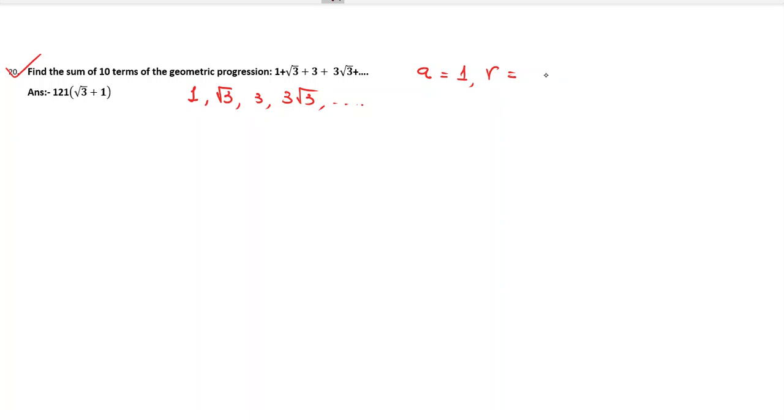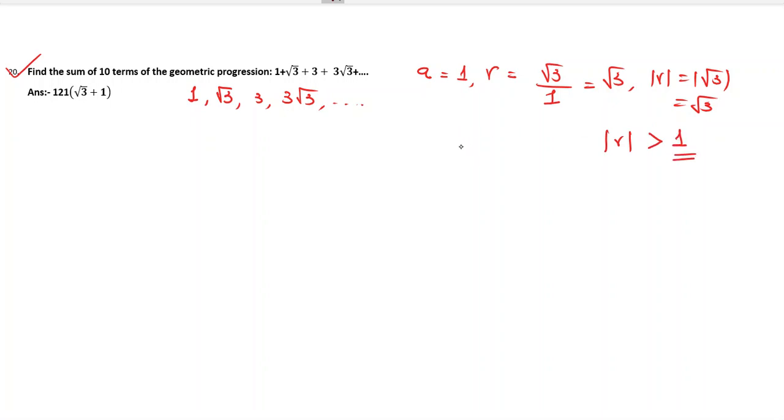So common ratio is root 3 divided by 1, which is root 3. Can you tell me what is mod of r here? Mod of root 3, which is nothing but root 3. Is root 3 greater than 1 or smaller than 1? Of course it is greater than 1. The value of root 3 is 1.732. So mod of r is greater than 1. Third case.